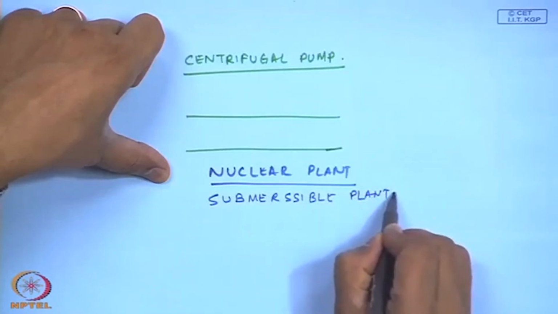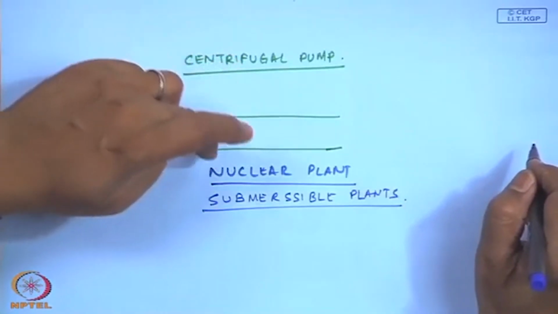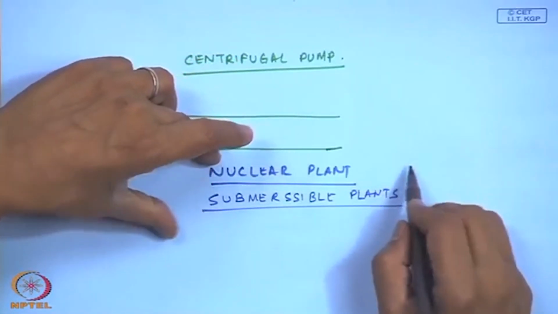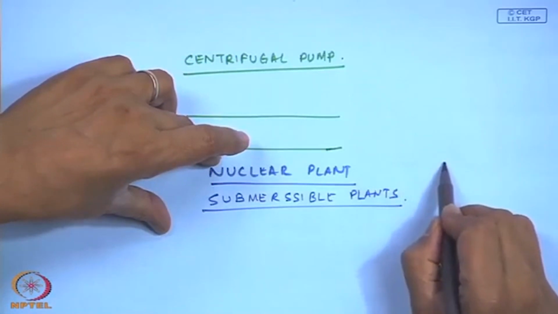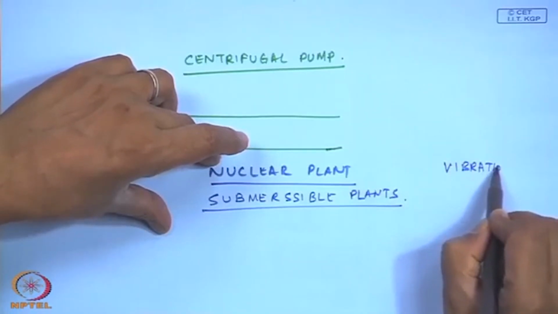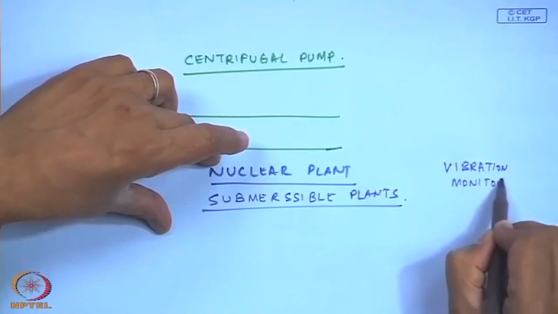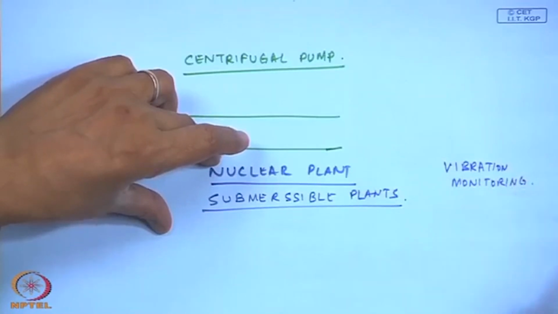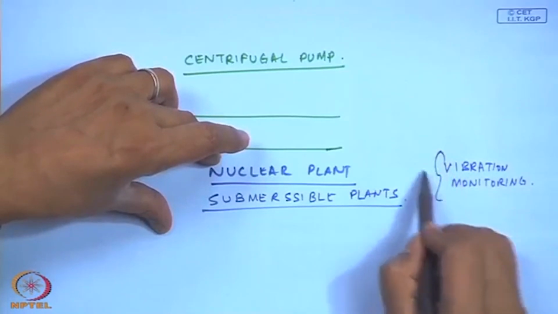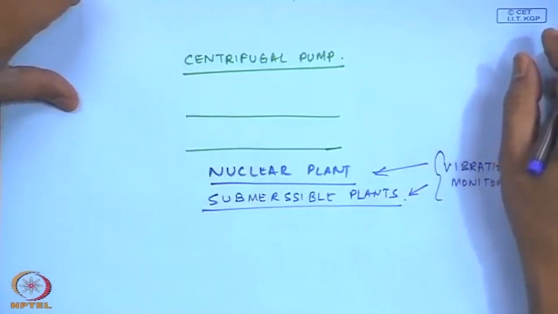I will pose a challenge to everybody right now. The fact that we have studied vibration monitoring in detail in this course. But can they be applied in nuclear plants and submersible pumps?